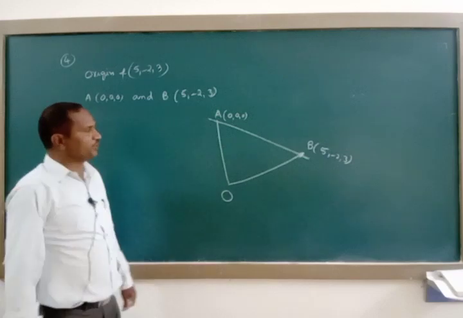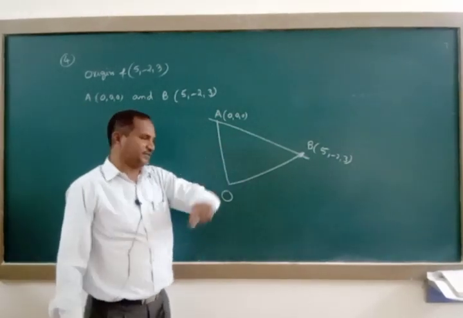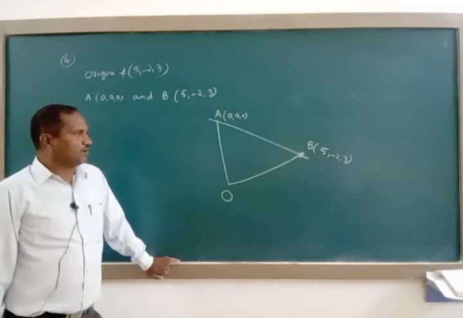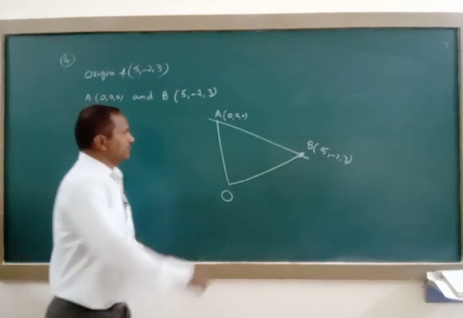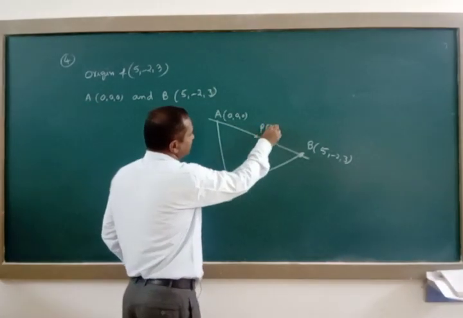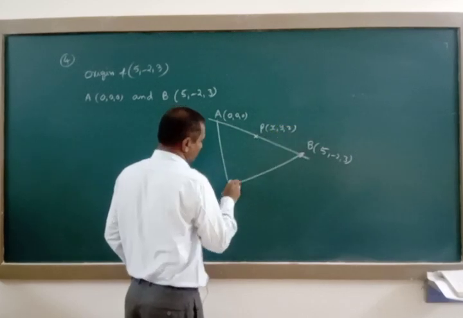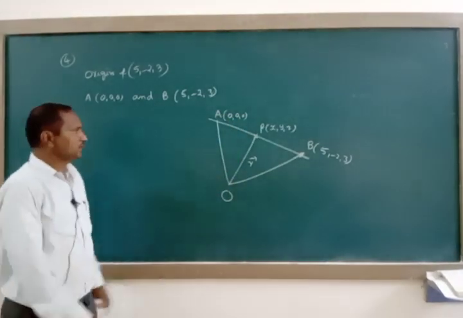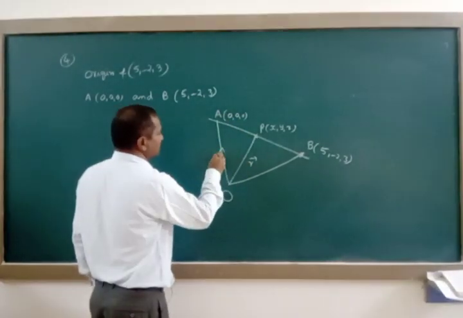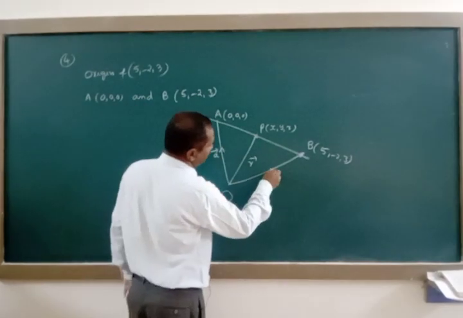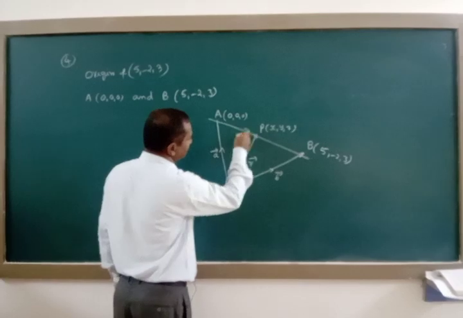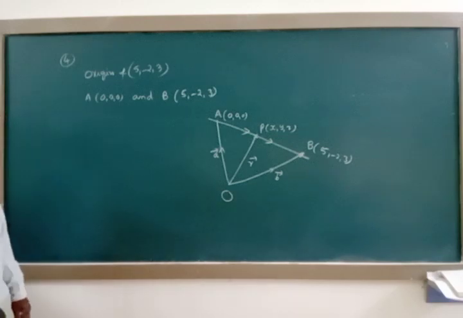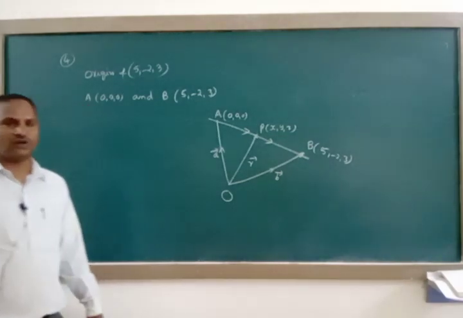You can take a general point P as (x, y, z), on the line or outside, no problem. This is a vector and this is the b vector, and they are in the same direction. With the help of this diagram, we have to give the answer in both vector and Cartesian forms.